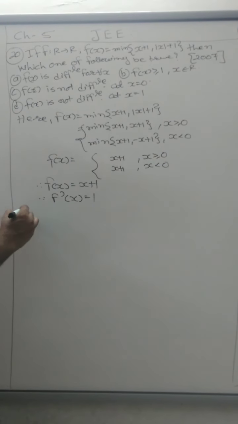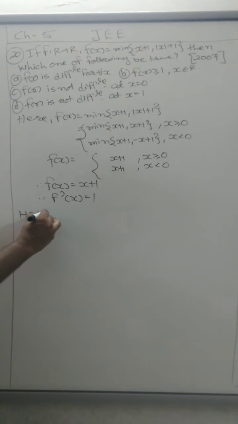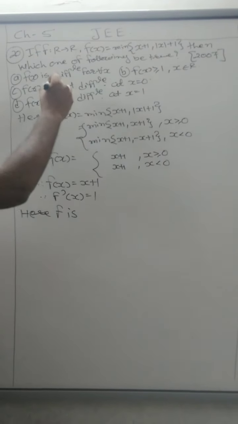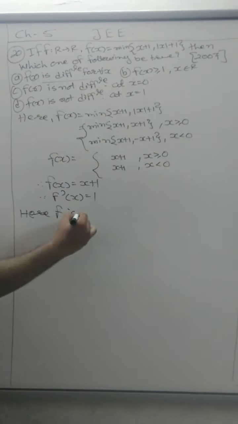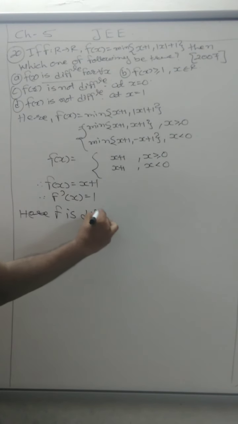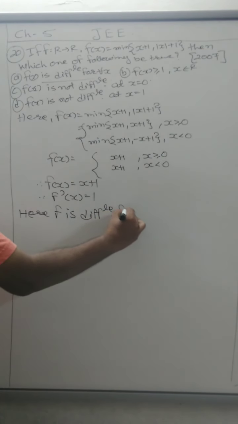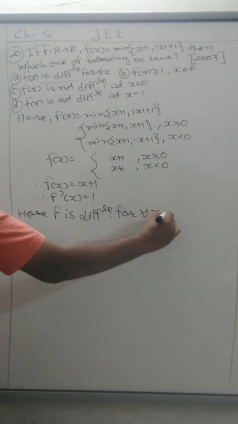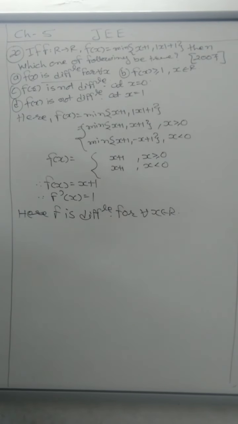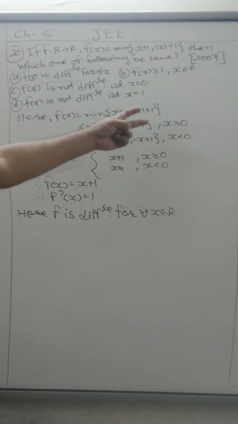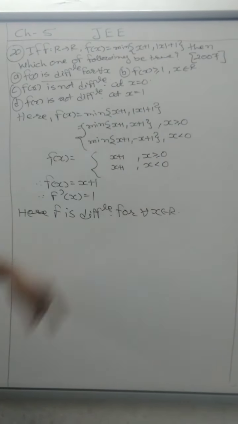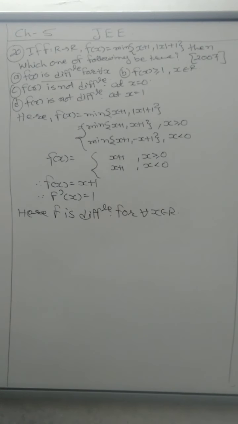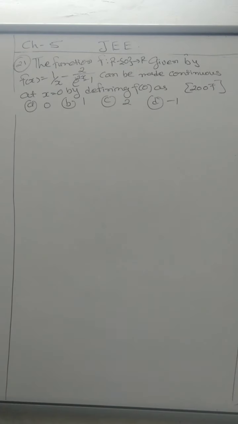So f is differentiable for every x belongs to R. This is a quite different type of sum, but first you take two different cases and then go for the sum, then it is quite easy. In 2007 this type of question can be asked. Okay, we go for the next one.